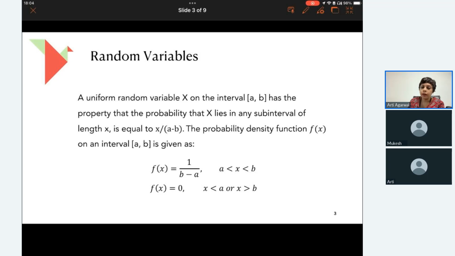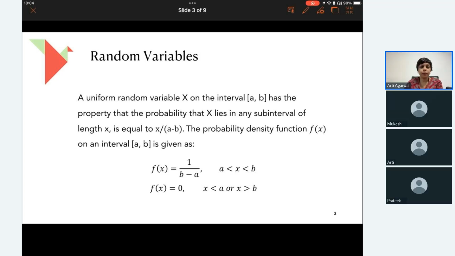Okay, so basically a uniform random variable in the most general sense on an interval a comma b is the simplest one. In the discrete version, suppose you ask somebody a question like, pick any number between 1 and 100, or 0 and 100.